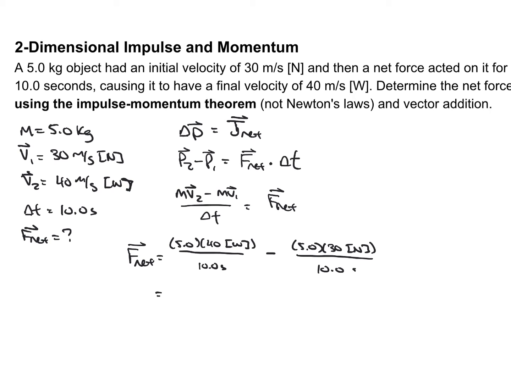Calculating those individually, the first term is 20 newtons west. Minus the second term will be 15 newtons north. This is vector subtraction. The answer is not 5. Let's be clear on that. The answer is not 5 because one's going west and the other's going north.